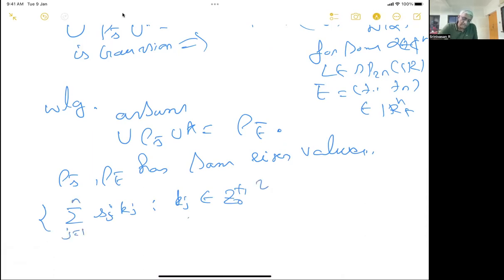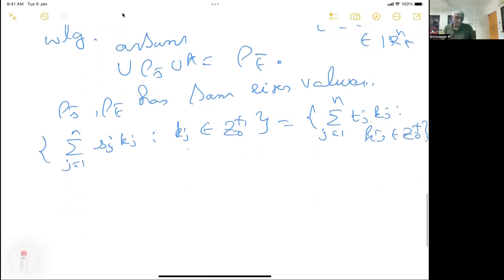This is the set for rho S bar. This is equal to the summation of Tj Kj, again with Kj in Z0 plus. These two sets are equal.